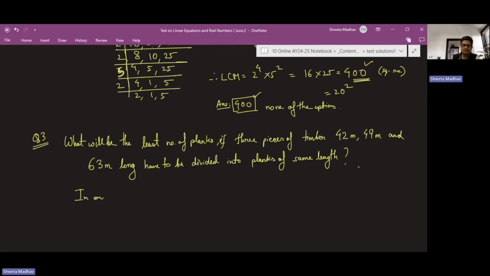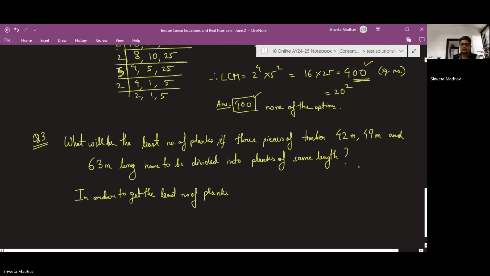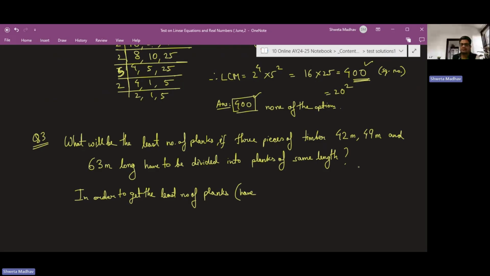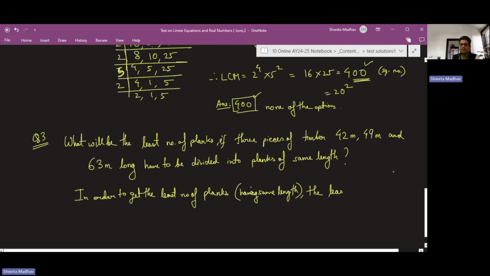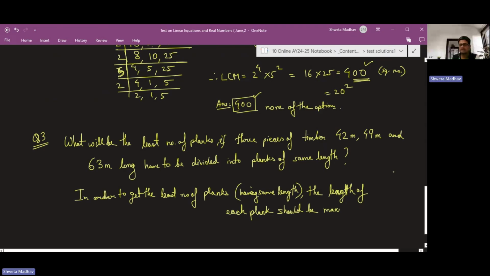In order to get the least number of planks, having the same length, the length of each plank should be the highest. Length of each plank should be maximum.